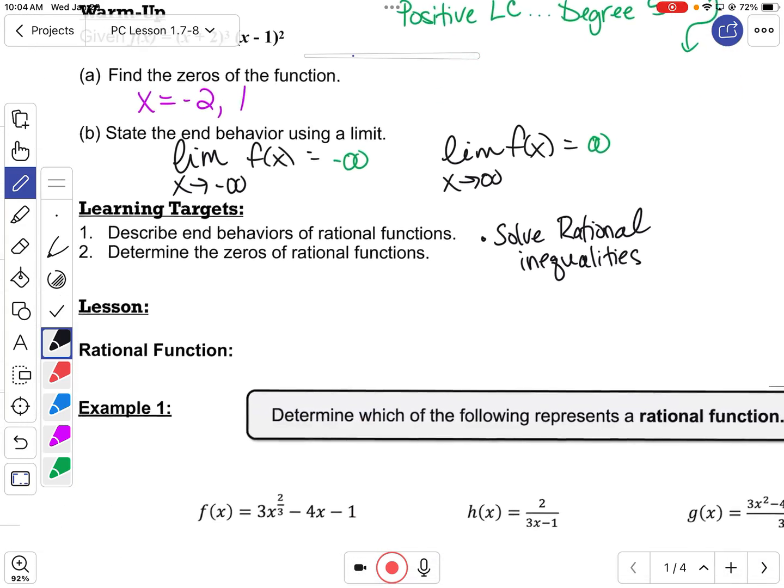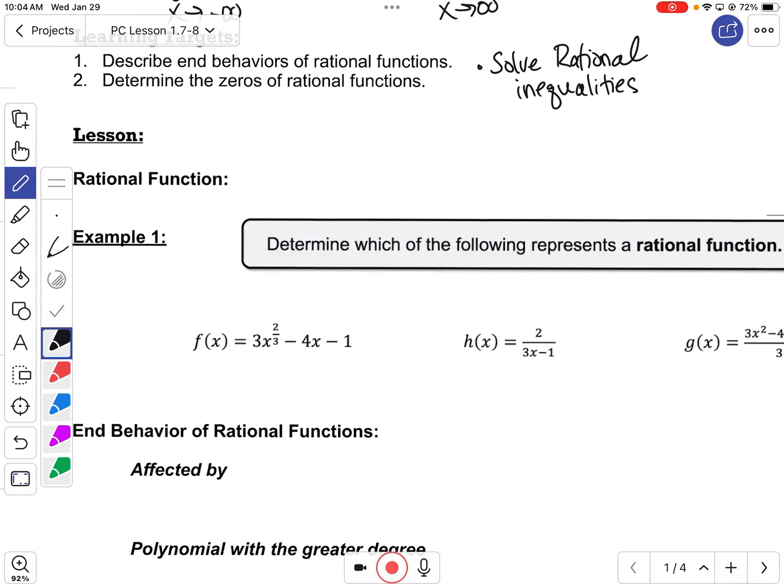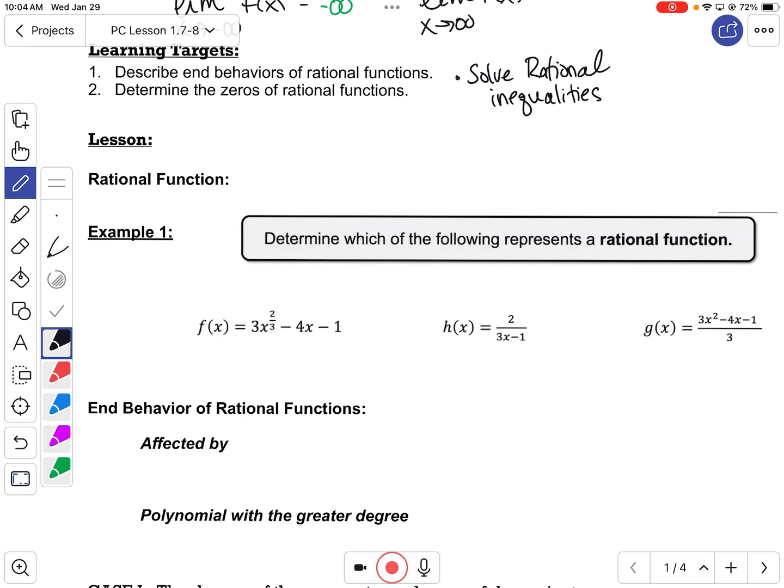Well, if we're going to talk about a rational function, we need to know what it is. A rational function basically is the quotient of two polynomial functions.